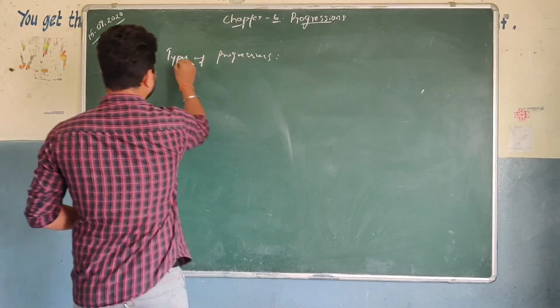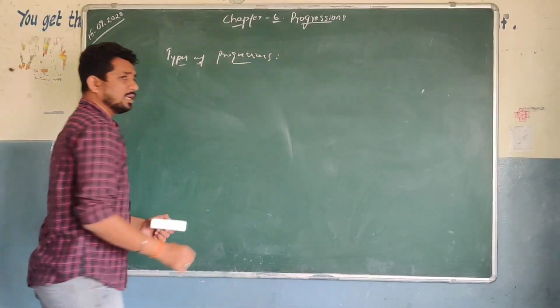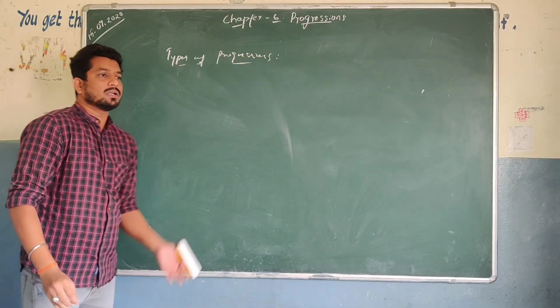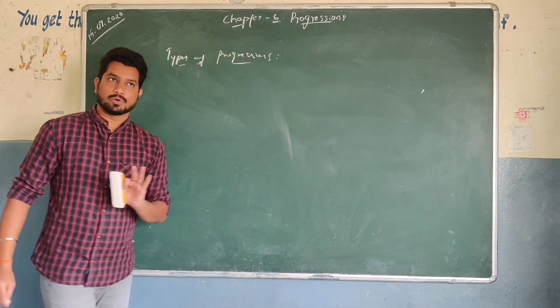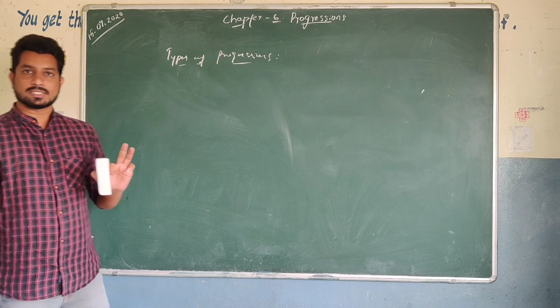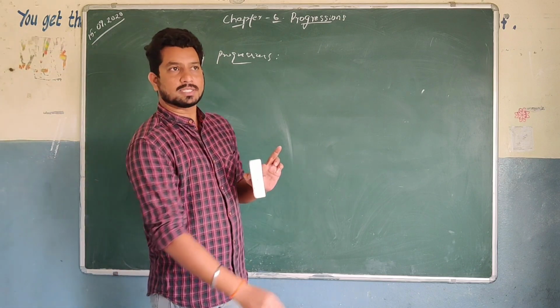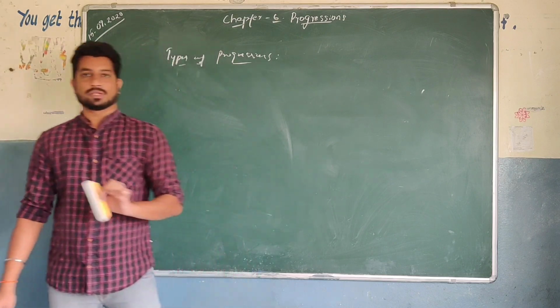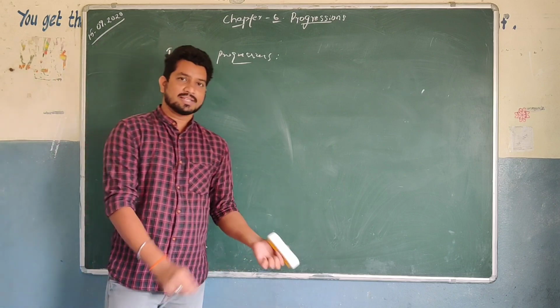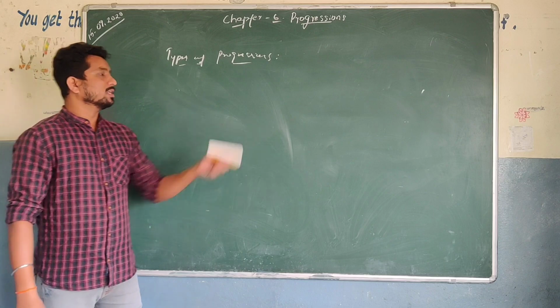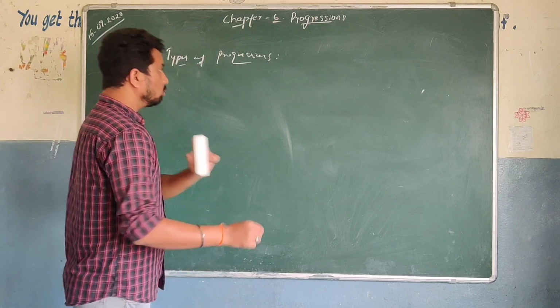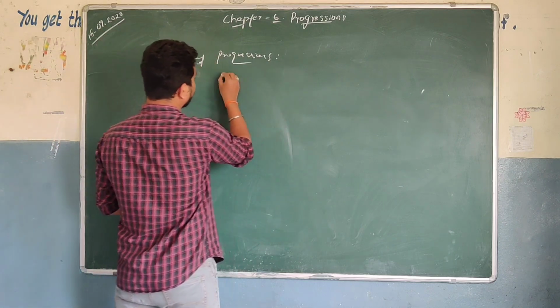In general, earlier we used to have 3 types of progressions: arithmetic progressions, geometric progressions, and harmonic progressions. But recently they have omitted harmonic progressions, and now these are fixed to two types of progressions.